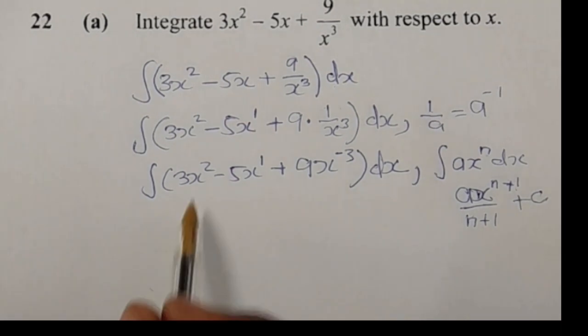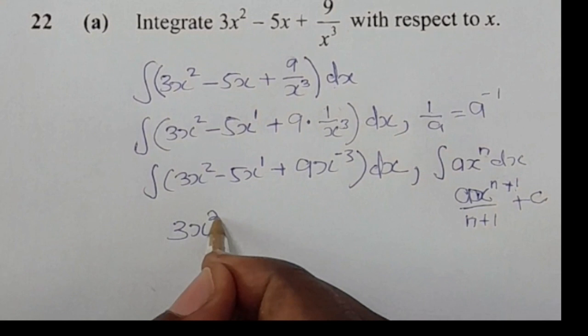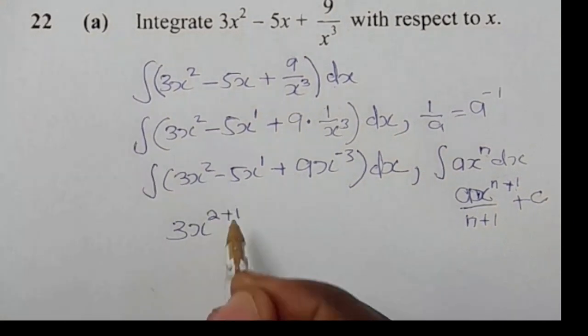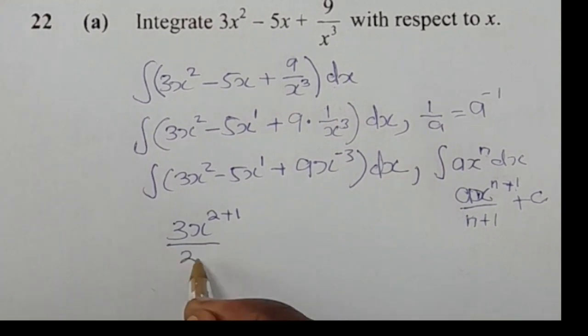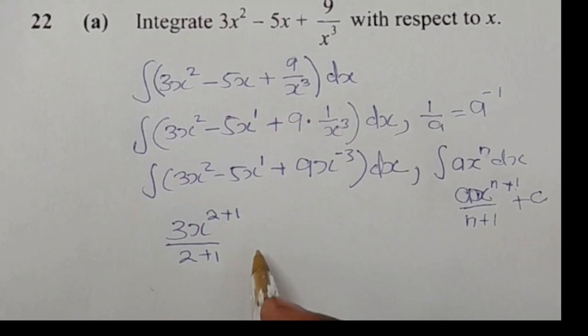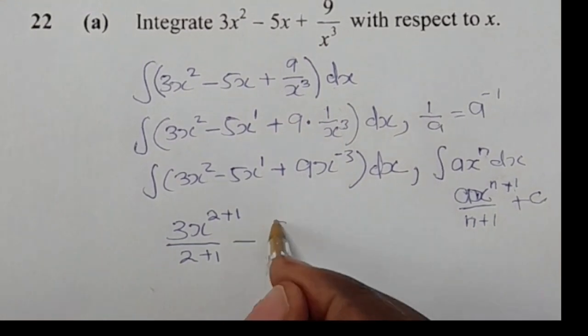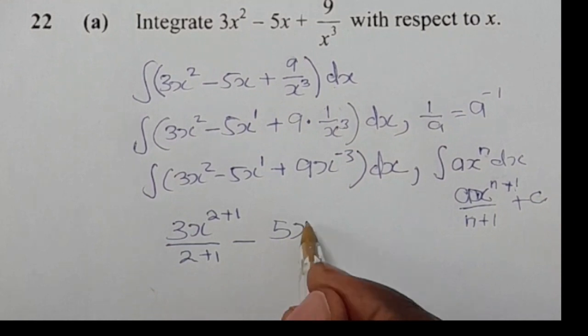So we're going to have 3x to the power 2 plus 1, and then everything divided by the new power, 2 plus 1. The minus 5x, here we have 5x to the power 1.